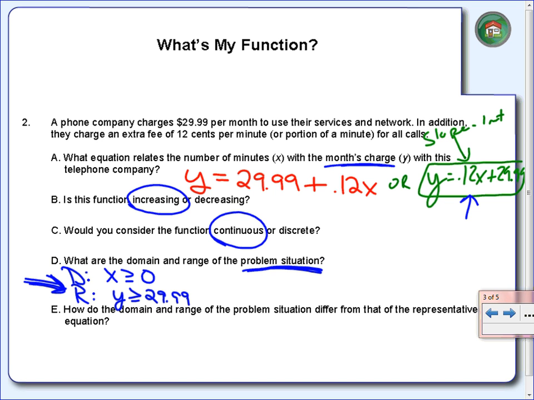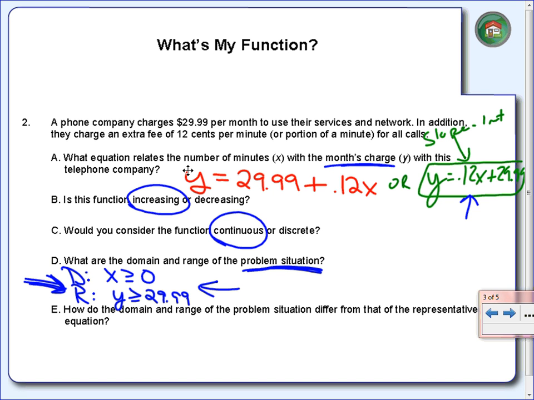So again, the domain and range for the equation is all real numbers, but the domain and range for the problem situation was this over here. So again, huge difference. When we're talking about our linear equations, usually your domain and range is going to be all real numbers.